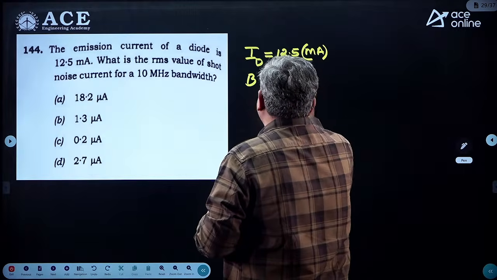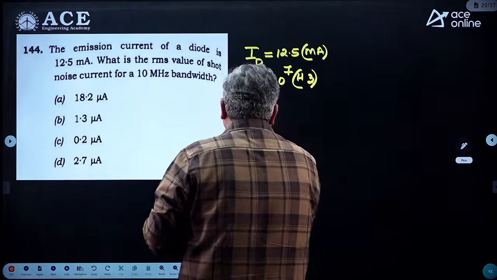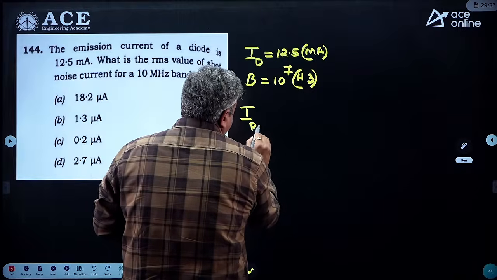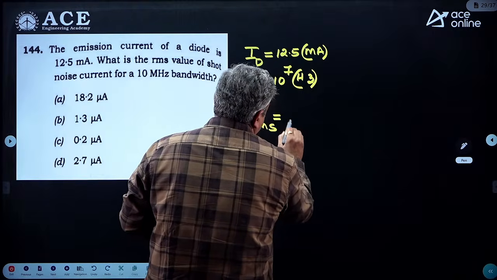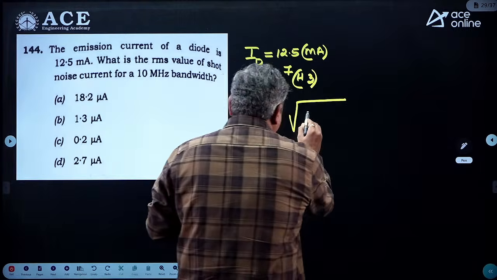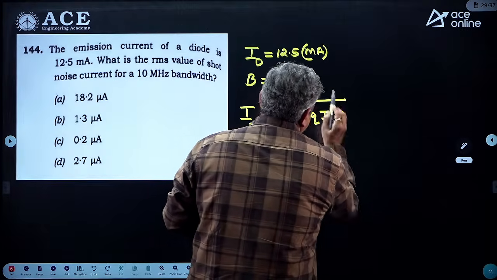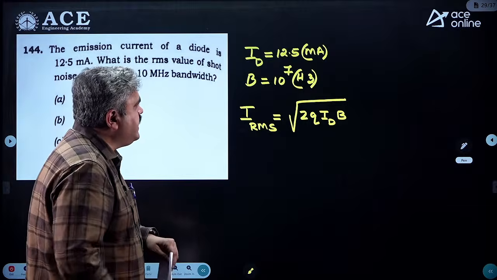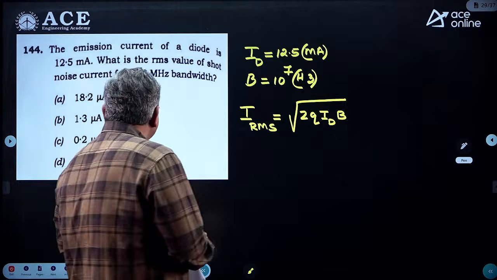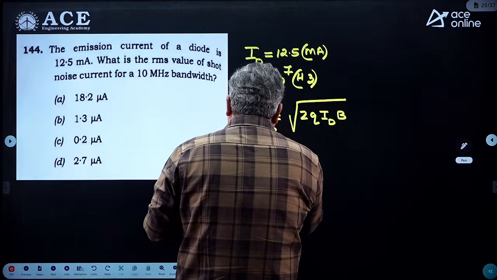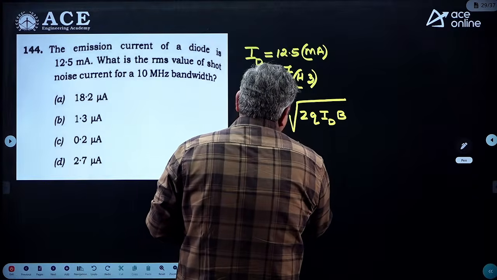So, he is asking what is the emission current. So, obviously it would be an RMS value, and this is given as square root of 2q, the diode current multiplied by bandwidth. So, q represents the charge of electron, ID is given to you, bandwidth is given, just substitute and you will get the value as 0.2 microamps.